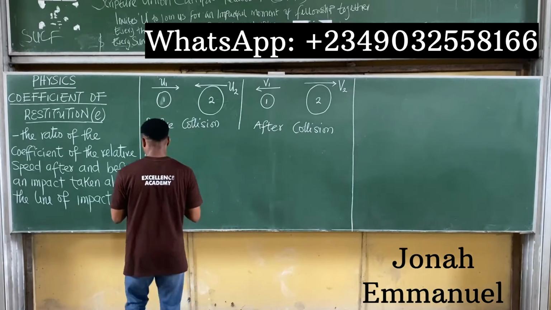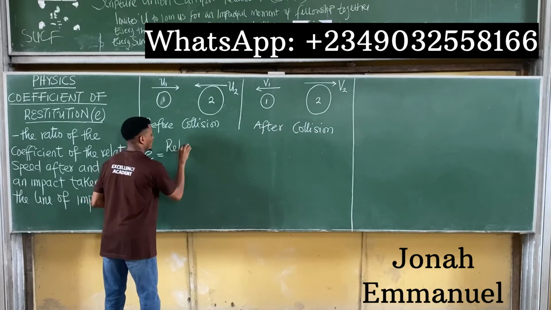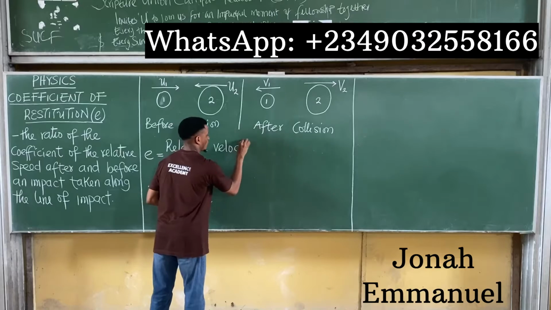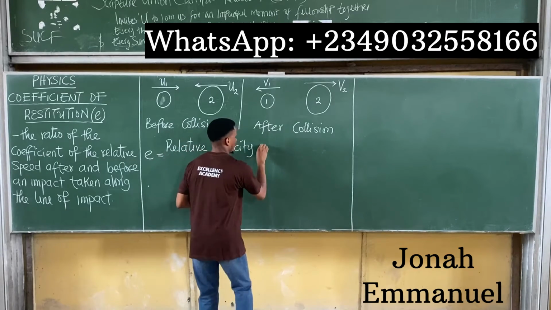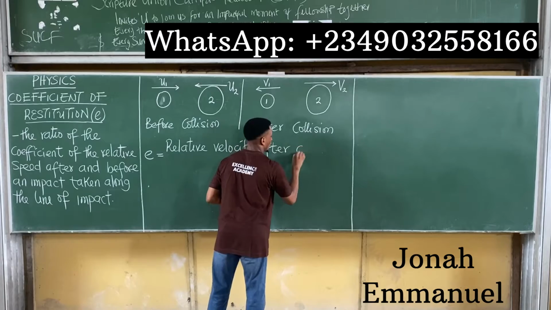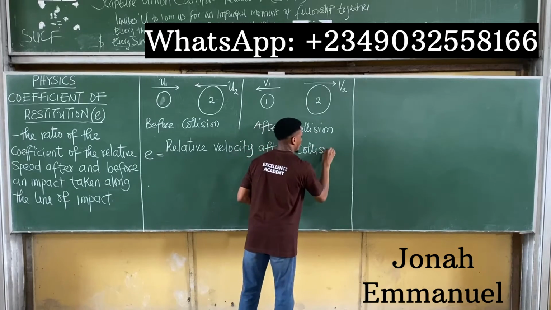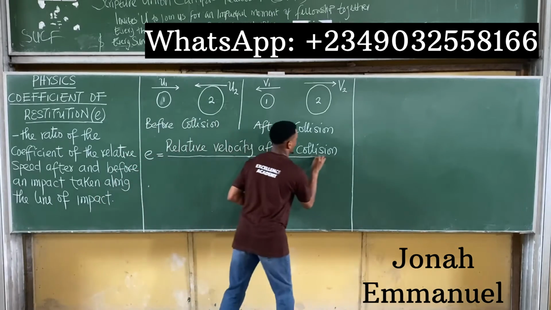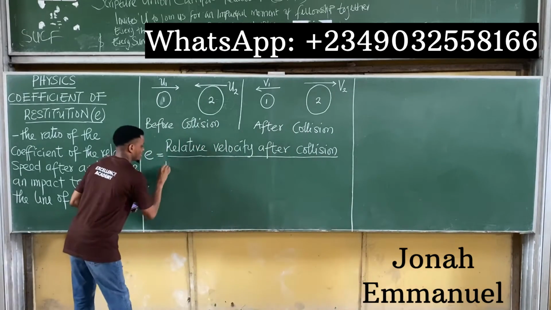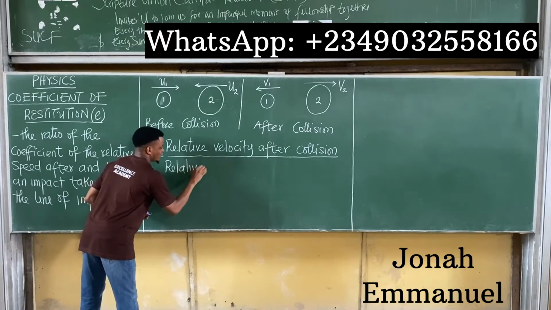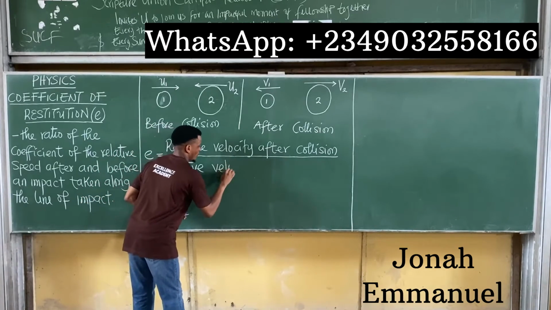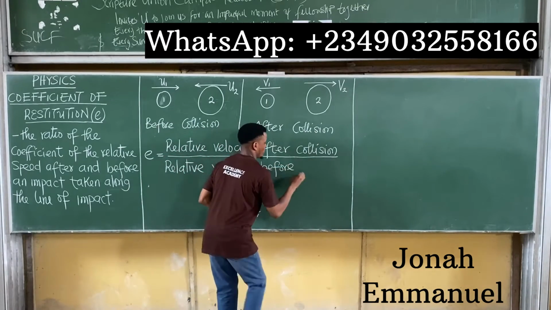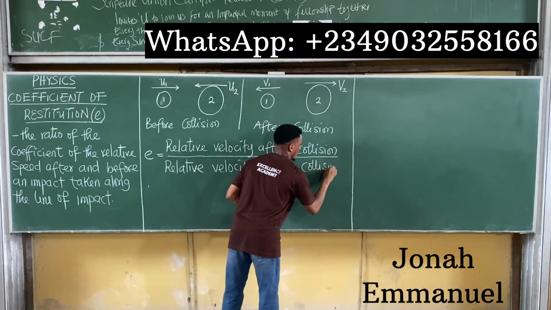So for this, the formula becomes: relative velocities after collision divided by, since we say ratio, we're using division, the relative velocity before collision.